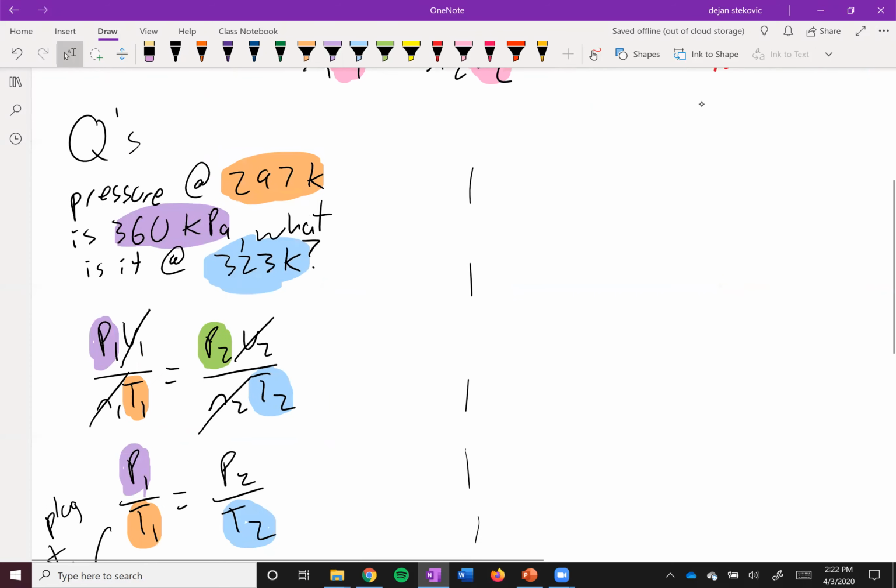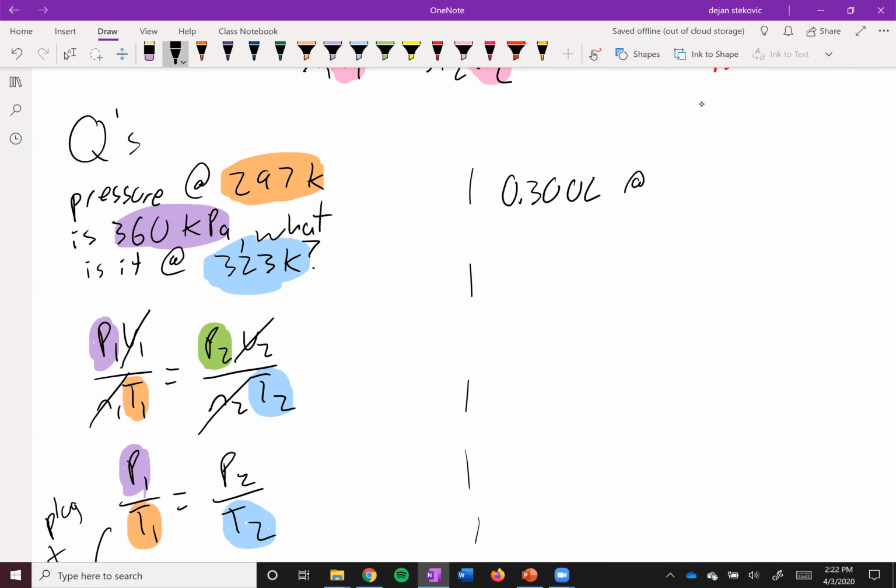Another example, basically the same question. So 0.300 liters at 10.0 degrees Celsius. What is it at 30.0 degrees Celsius, right? So again, we're given two sets of conditions.